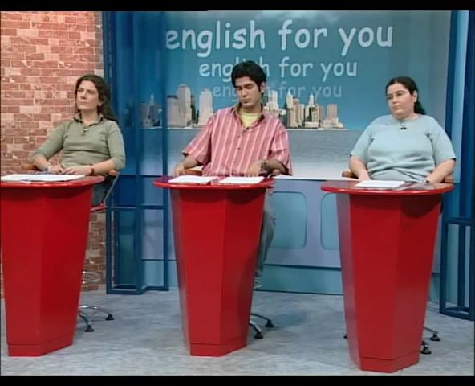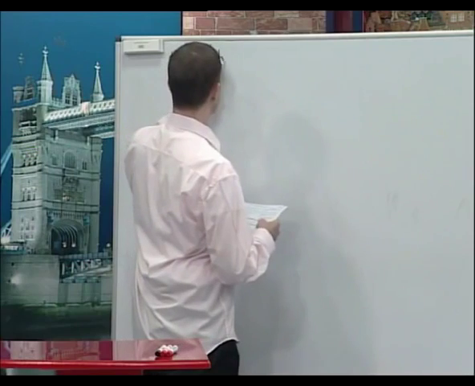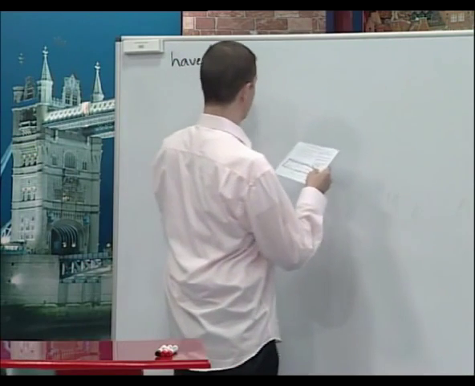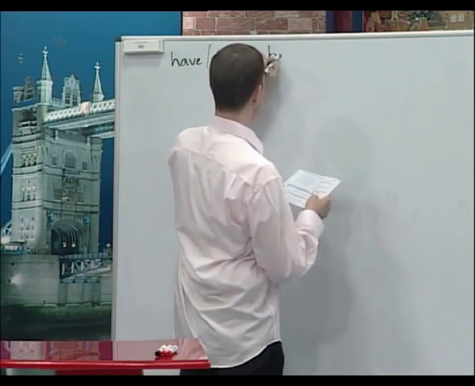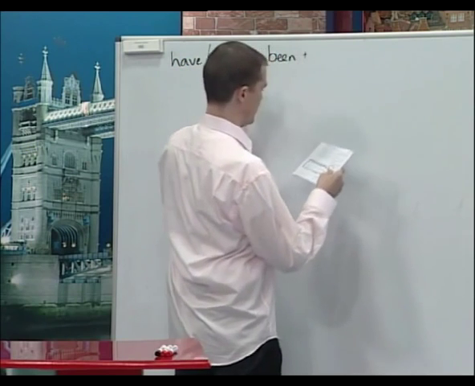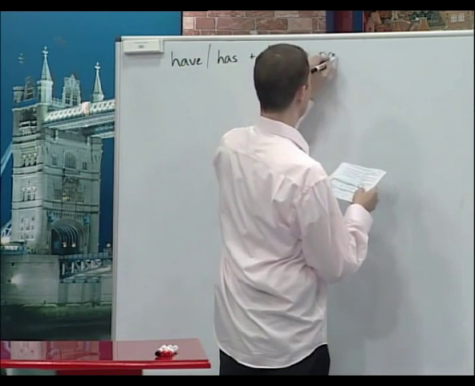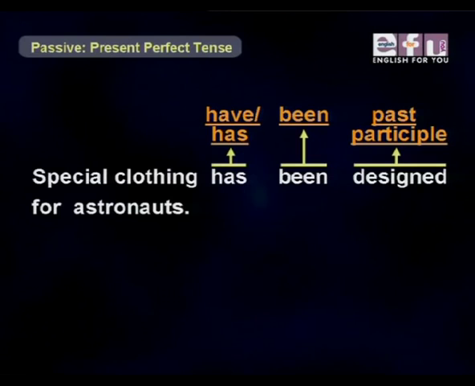To form the passive voice of the present perfect tense, we use have or has plus been plus past participle. So, for example, special clothing is our subject.